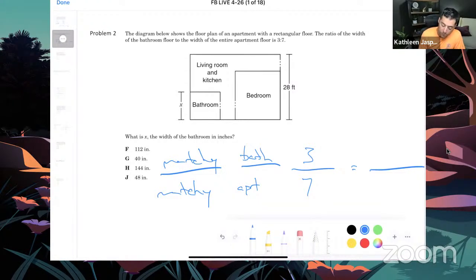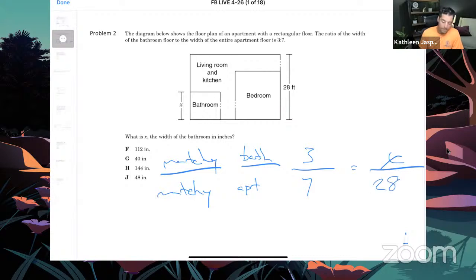Now, what is my value for the bathroom? So now I'm looking at the diagram, and that is my unknown, or my X. And then the entire apartment, that's going to be 28. So now that I have my proportion, let's just double check, because the question said inches and this is in feet.